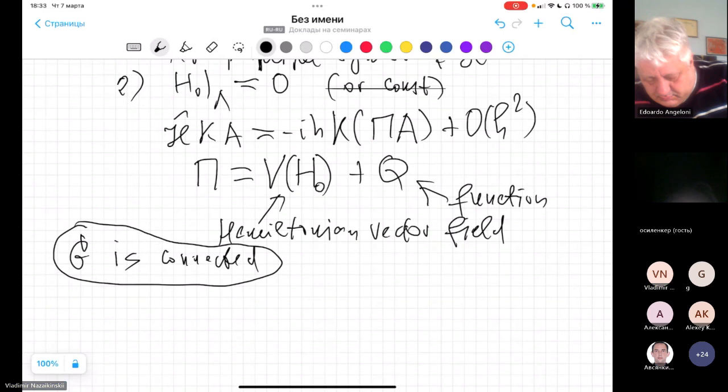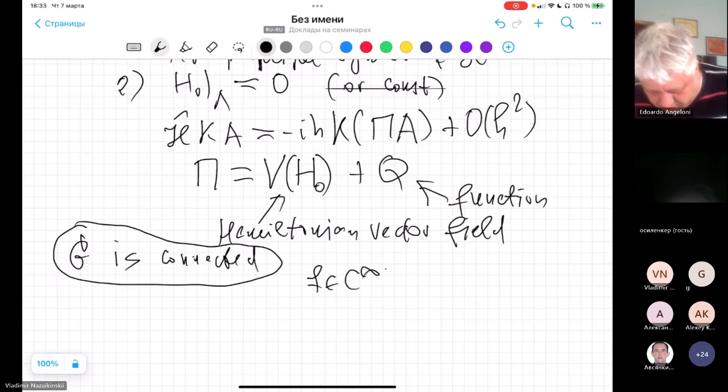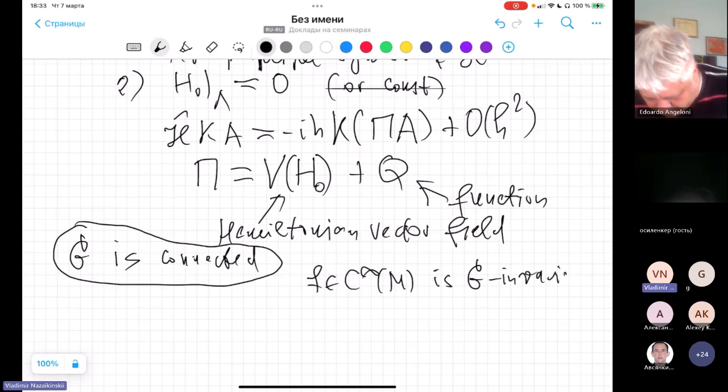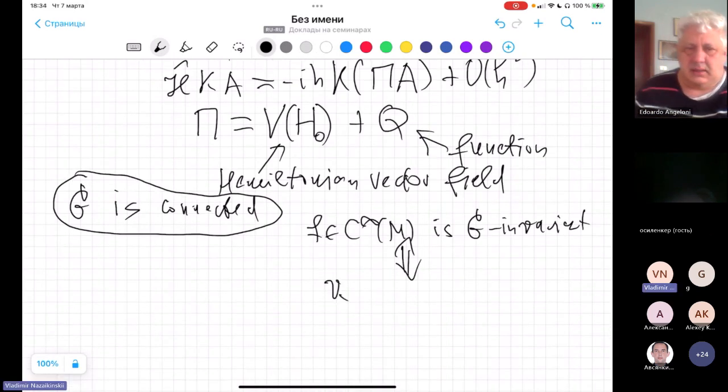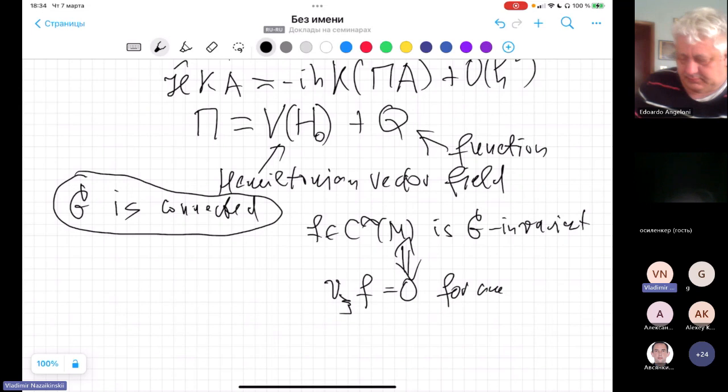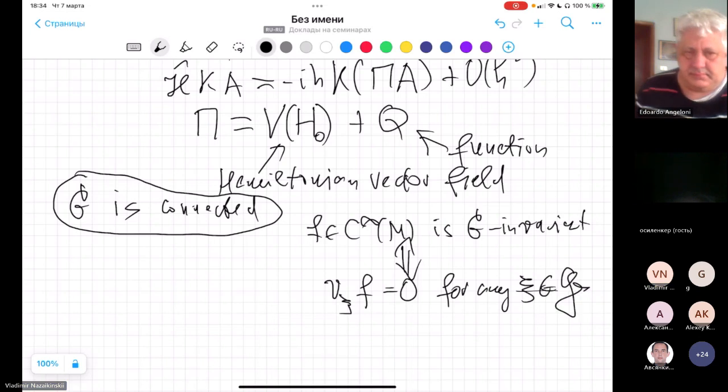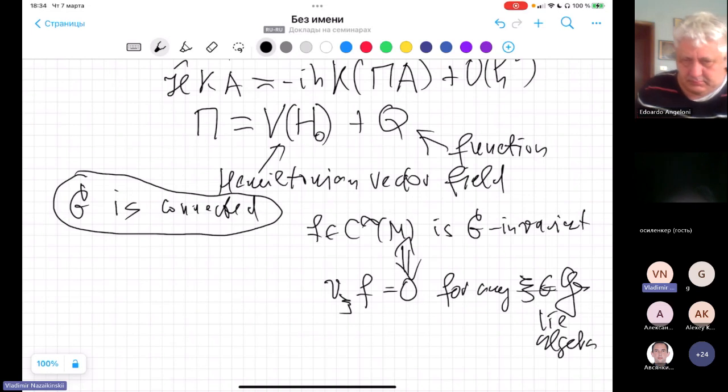And if G is connected, then a function f in C infinity of M is G invariant if and only if v psi f is 0 for any psi in the Lie algebra G. Here, v psi is the vector field on M naturally defined by the action of the Lie group.